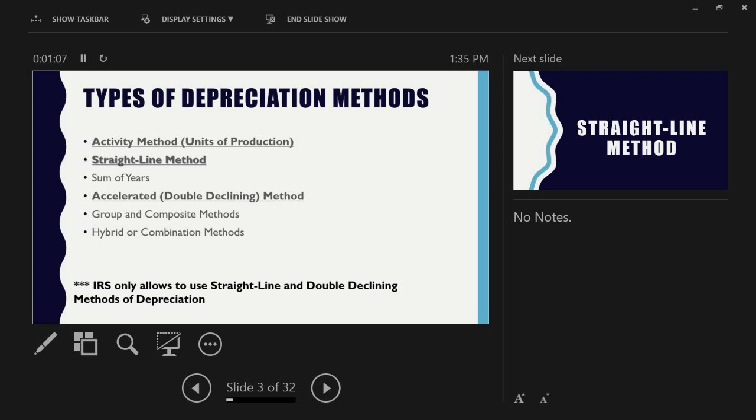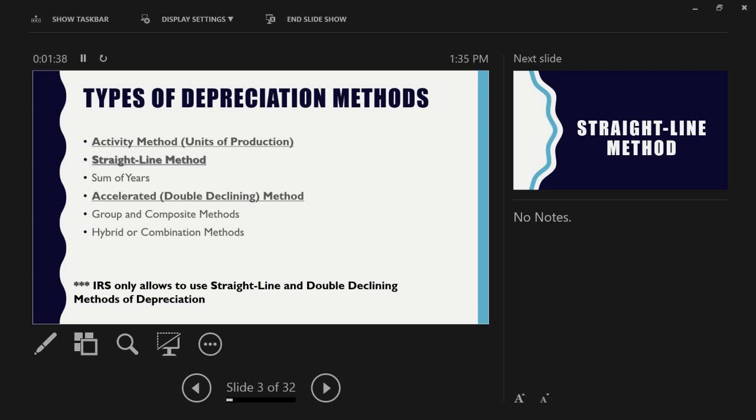It doesn't matter how old the machine is; if it reaches its capacity, that is it. Whereas with double declining, you're using it so much in the beginning of its life, so you're trying to depreciate it as fast as you can. With double declining, we understand that it is time sensitive.